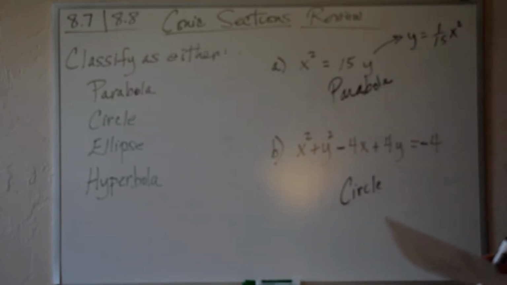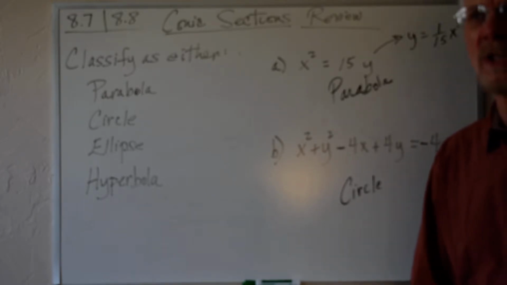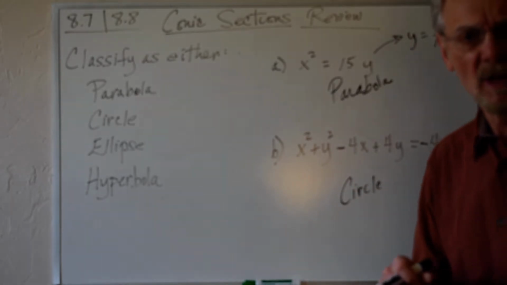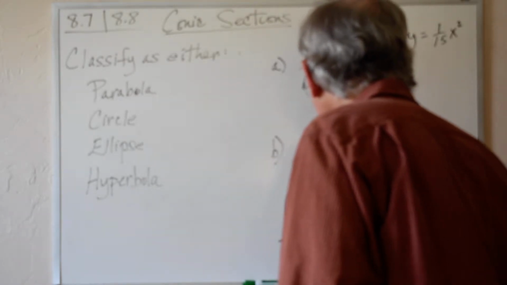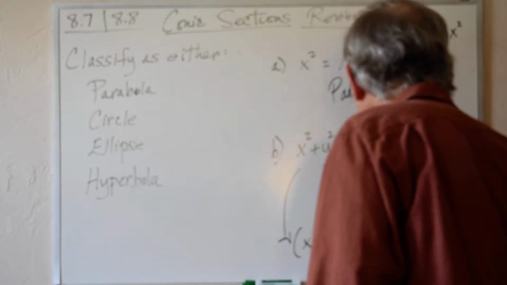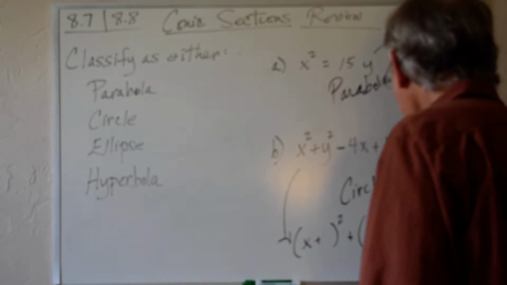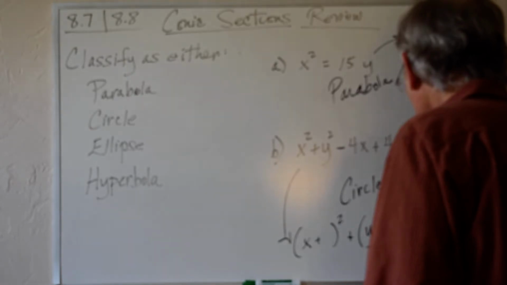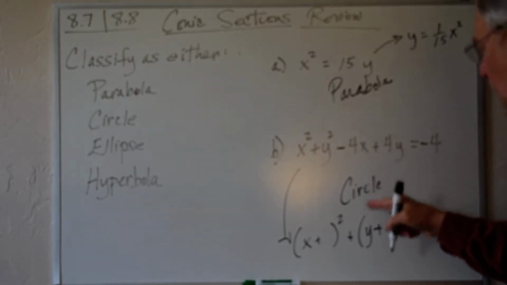Now you might say, oh, there's a negative number on this side, and aren't you supposed to have radius squared on one side, so that means you can't have a negative number since it's radius squared? But to make this into the standard form for a circle, you're going to have to do that process of completing the square to make these things work out.